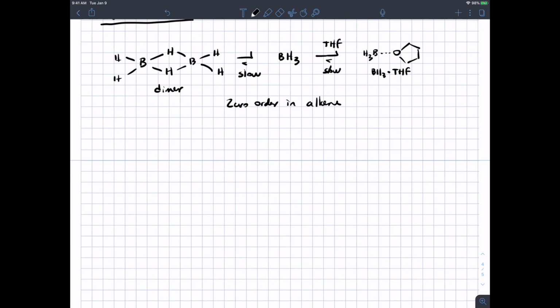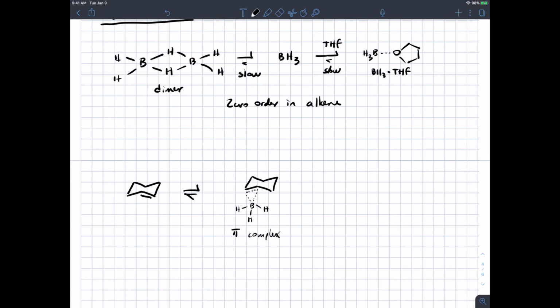It's thought that once you do have BH3, you first form what's called a pi complex, where you have the empty p orbital of boron sitting down on the pi bond of the olefin to form another one of these three-centered two-electron bonds.